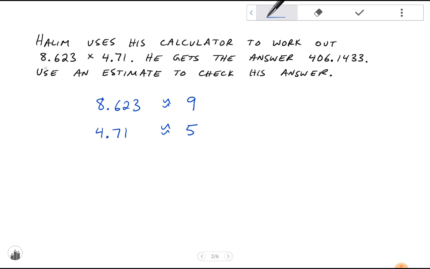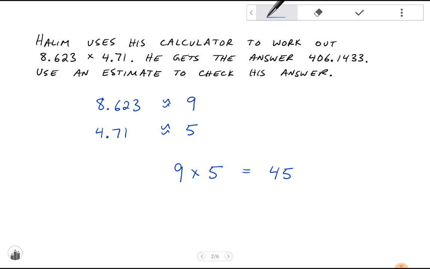Now the calculation was 8.623 times 4.71, so we need to do 9 times 5, and we can do that in our head to get the answer of 45.